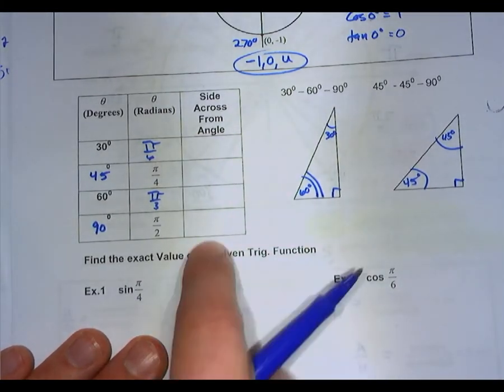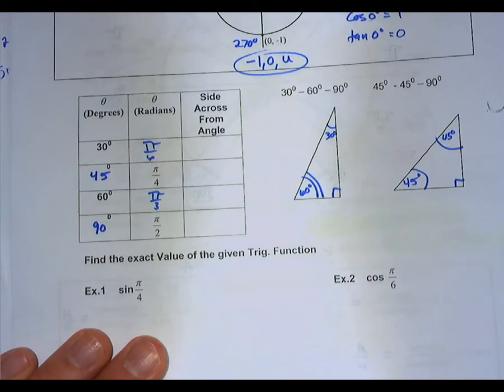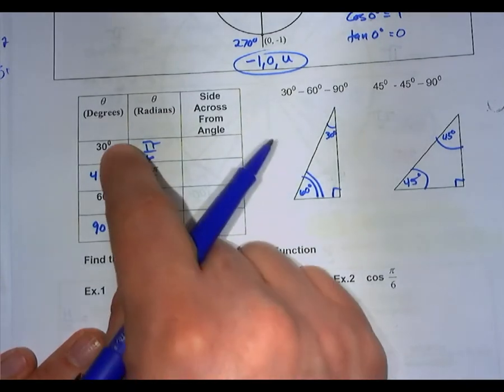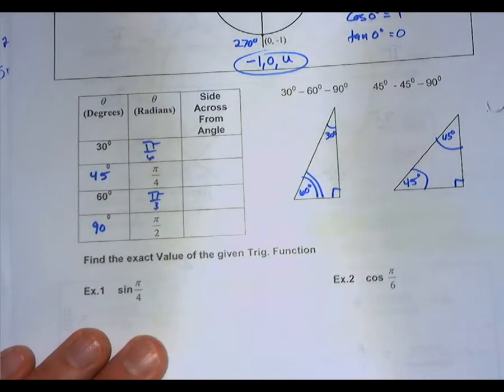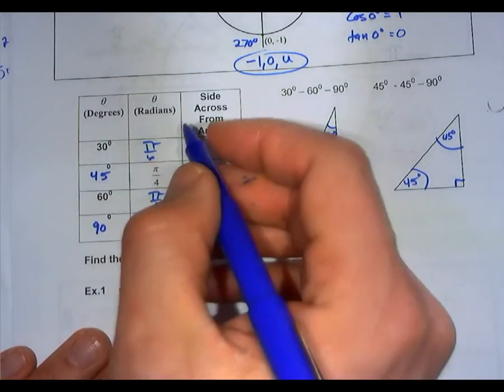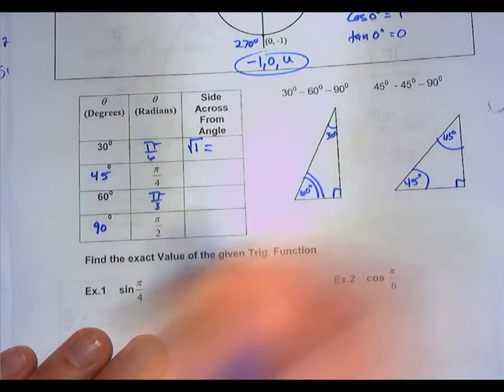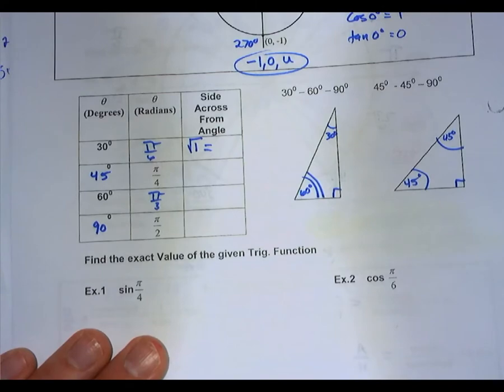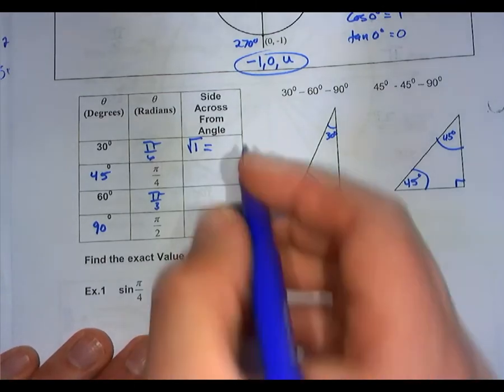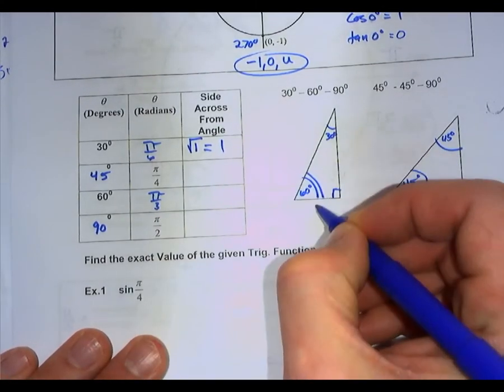Most important thing is getting the sides correct. Okay. So as the sides get bigger and bigger, the angles are getting bigger and bigger. So across from the smallest side is the smallest angle, which is the square root of 1. Simplify. What's the square root of 1? 1. So across from 30 is always 1.